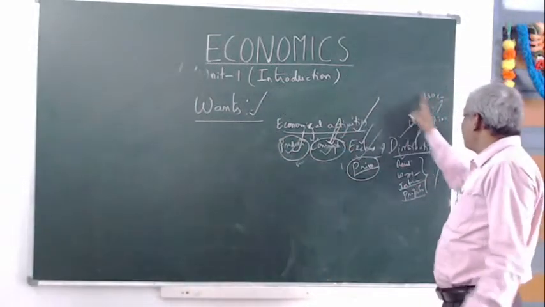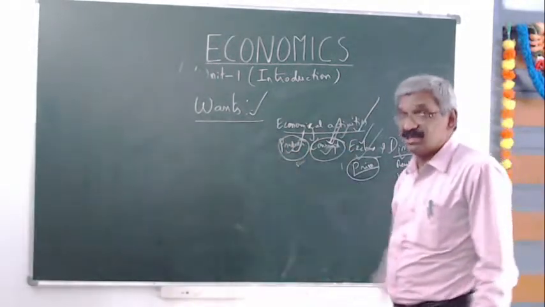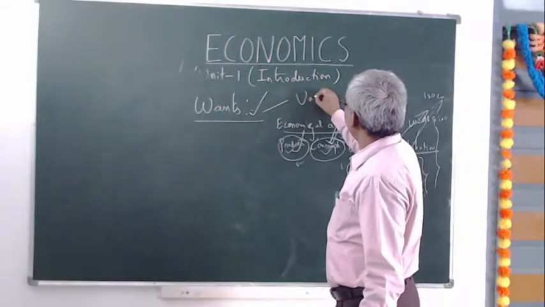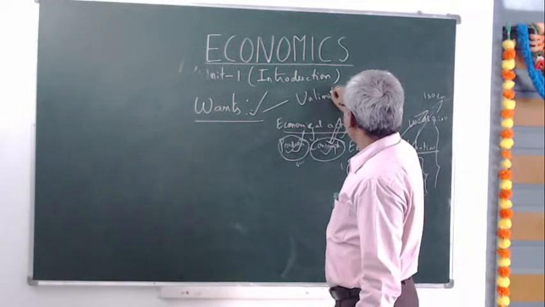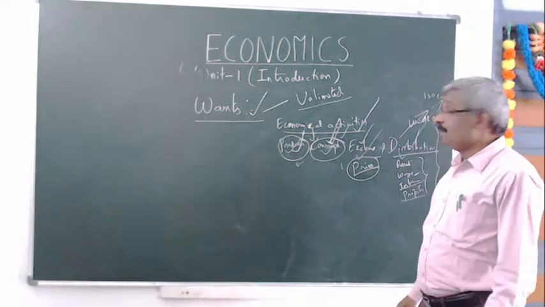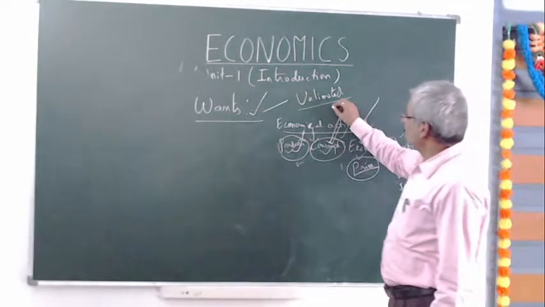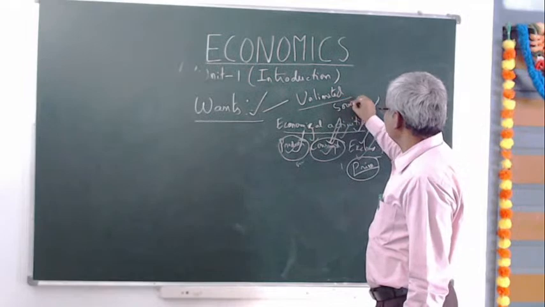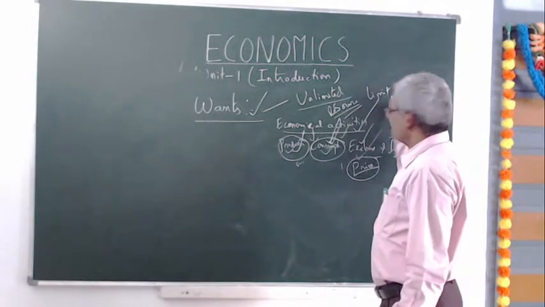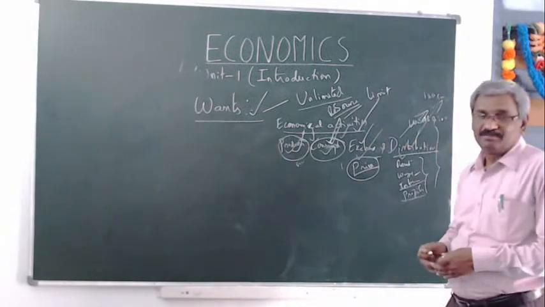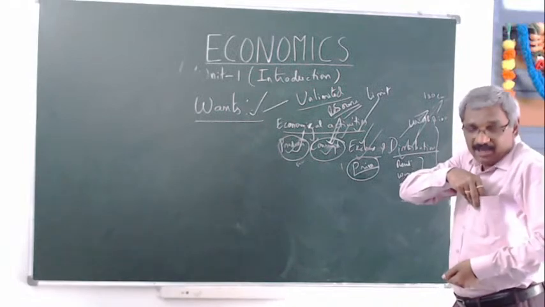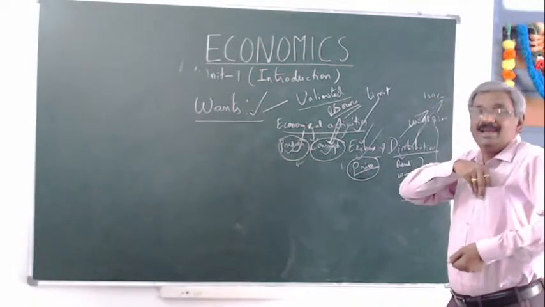That is called wants. Wants depend on economical activities. Human wants are unlimited. But the resources are limited. The money of every human being is limited.